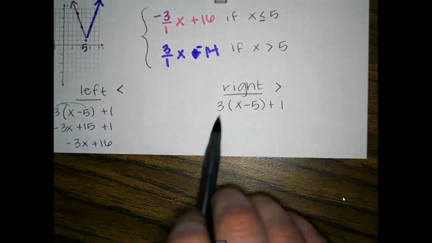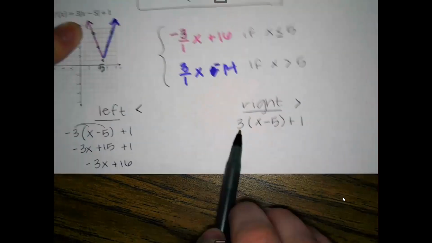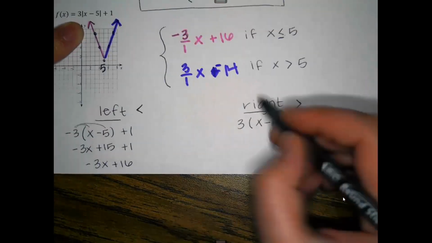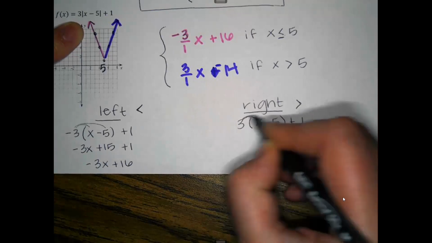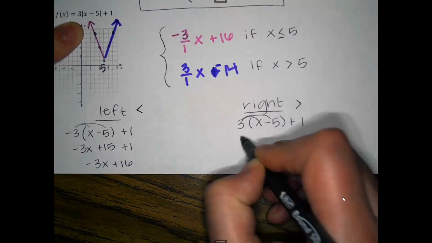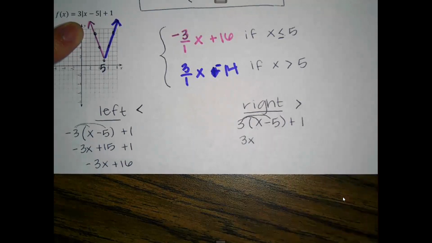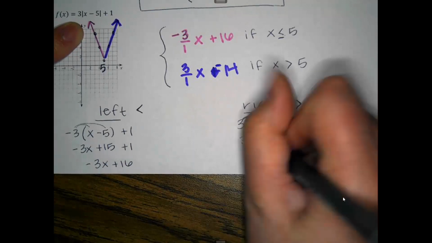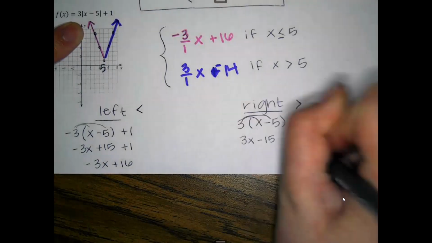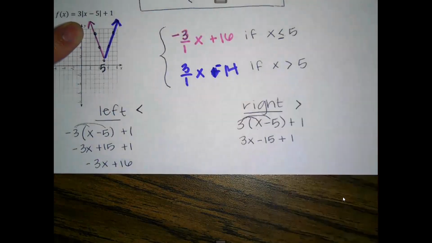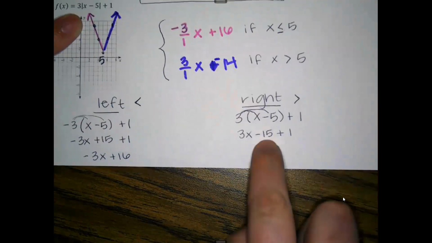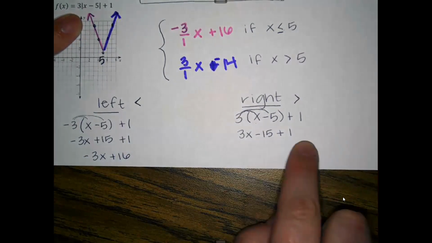Yes, okay. Now for the right side, we take the version that the original problem gave us, which happened to be a +3. We distribute the 3. So we get 3 times x is 3x. What is 3 times -5? -15. Plus 1 on the end. Okay. What is -15 plus 1? -14, right?